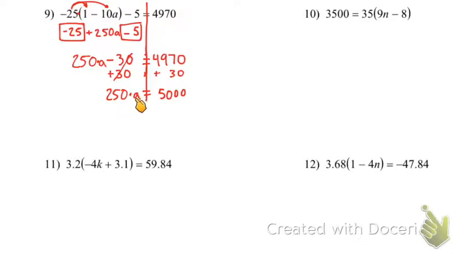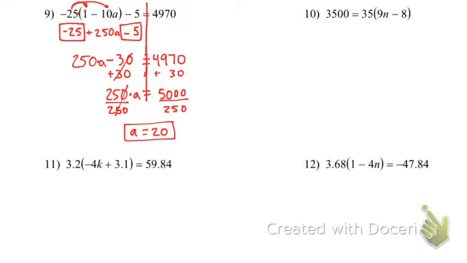A is still not isolated, but now we know to get rid of the 250, we have to do the opposite of multiplication, which is division. Okay, and now we have A all by itself, and then we go 5,000 divided by 250 with our calculator, and we get 20. And we're done with number 9.